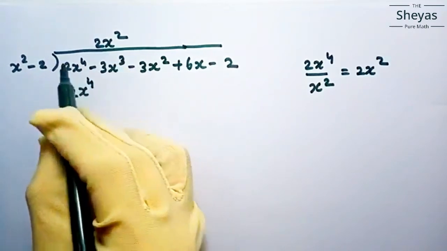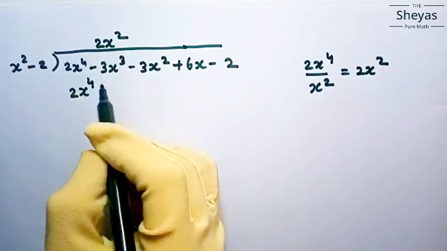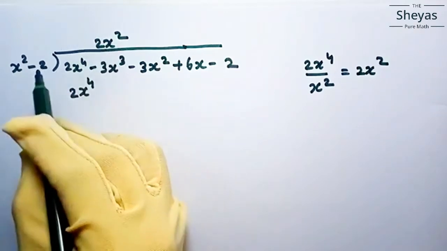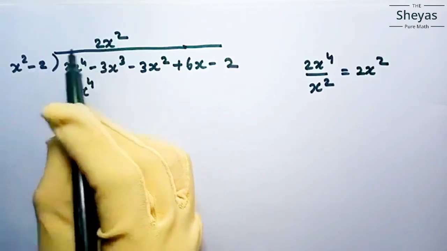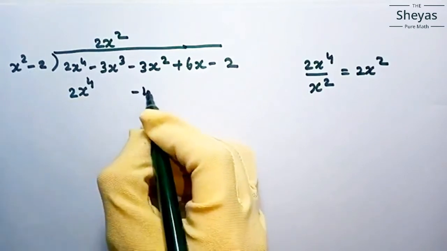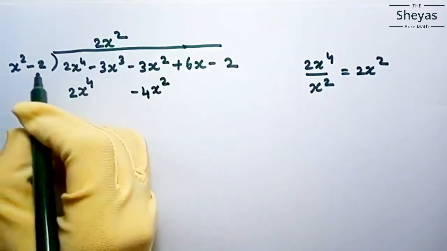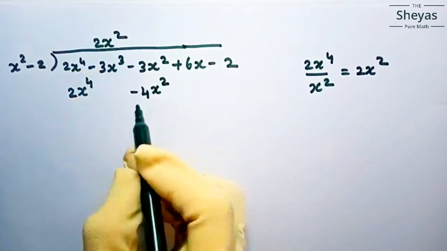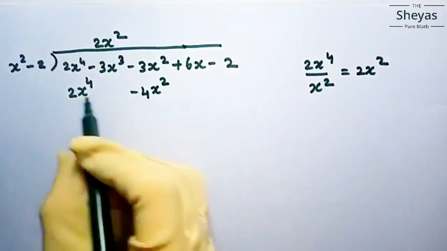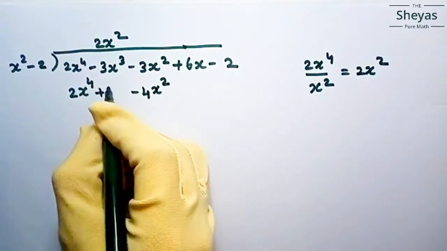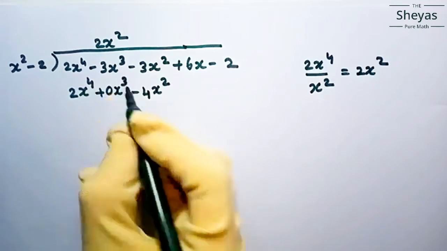Then I don't have any x cube term here. When I multiply the next term, what will you get? Minus 2 into 2x square will be minus 4x square. I don't get any x cube term, so just write 0x cube.